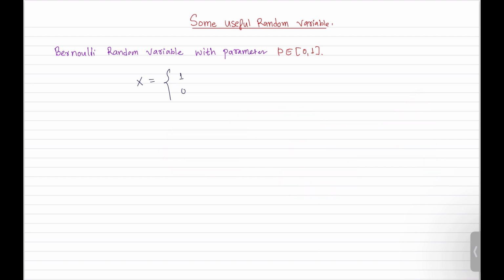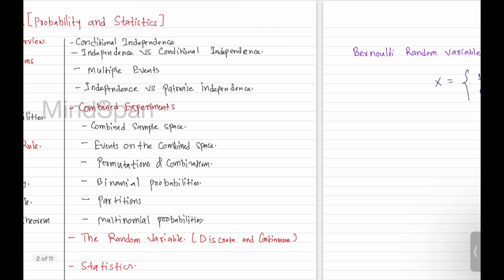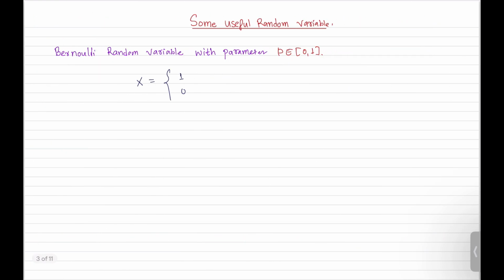So this should be very much clear to you if you have already gone through the previous videos, and if you have any kind of confusion: whenever I say that the random variable will take this value, I am talking about the output of the random variable, and what the probability is that the random variable will take this value 1, right?